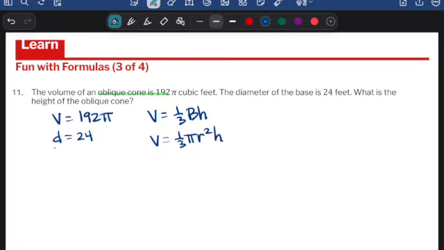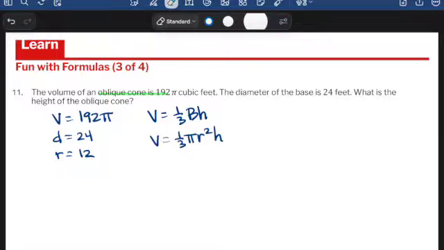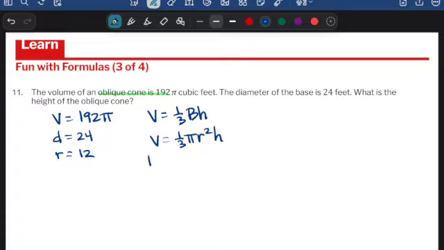If I know the diameter is 24, can I figure out the radius? Yes, the radius is just half the diameter. Okay. So let's plug in numbers into our formula so we can solve. I know the volume is 192, so instead of V, I'm going to substitute 192 pi equals 1/3 times pi, and instead of r, I can substitute 12 squared.